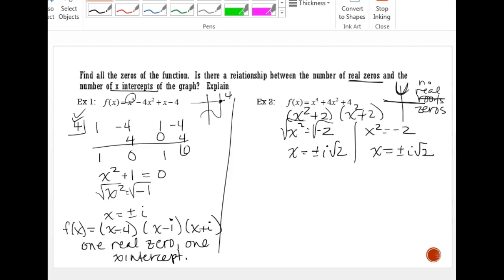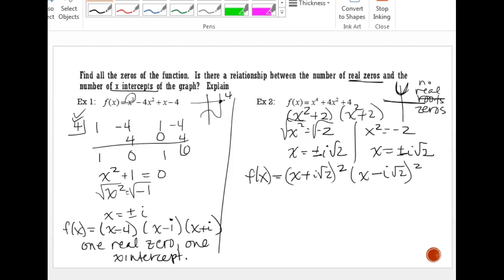All right, so this is a double root, right? These are doubles. So my factors would look like this. I would say x plus i square root of 2, squared, there's 2 of those, and x minus i square root of 2, and there's 2 of those because I have a negative i square root of 2 here and a positive i square root of 2 on the right.